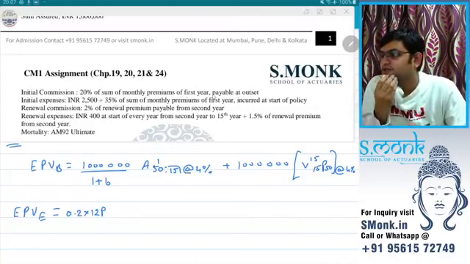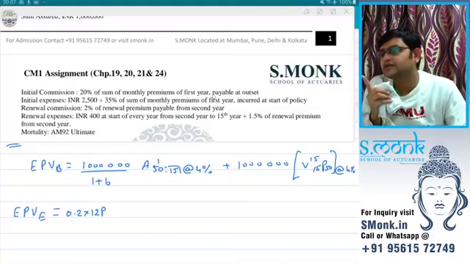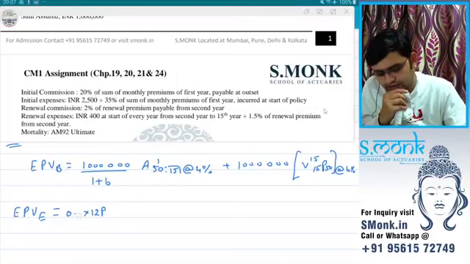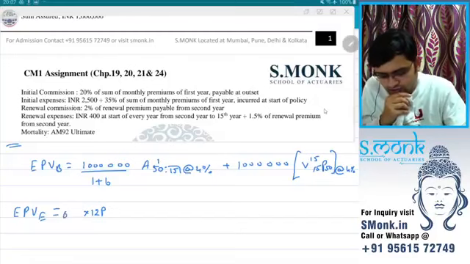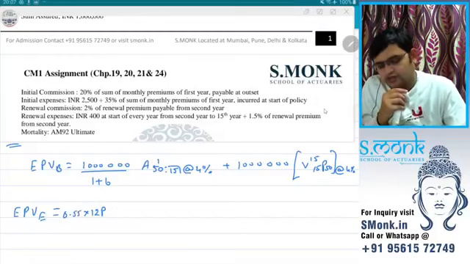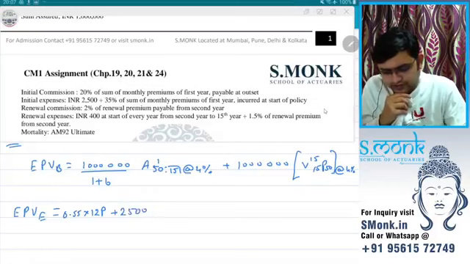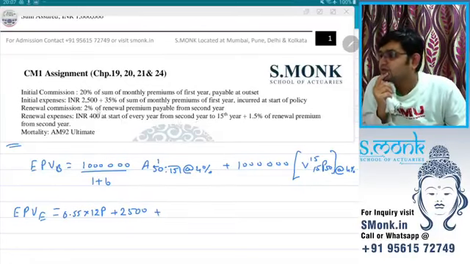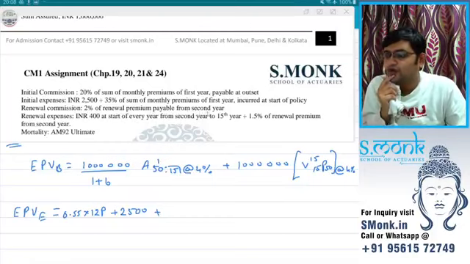Then initial expense, they're saying 2,500 plus 35% of the monthly premium of the first year incurred at the start of the policy. So instead of 0.2, this just becomes 0.55 plus 2,500. And plus renewal commission 2% of the renewal premium payable from the second year.